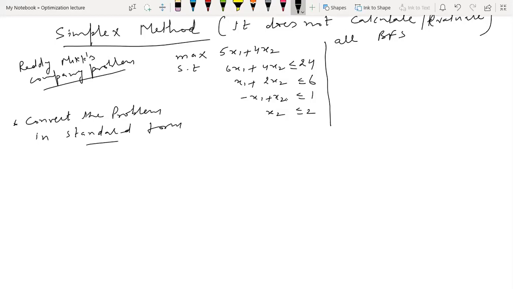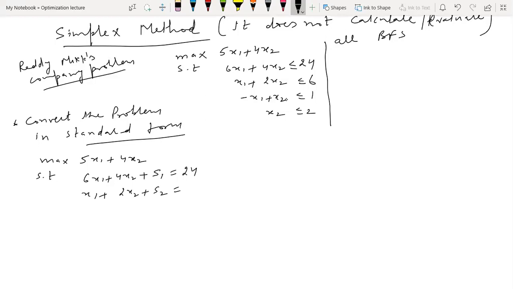Okay, so what is my standard form? You write it down like this: maximize 5x1 plus 4x2 subject to the constraints 6x1 plus 4x2 plus one slack variable s1, so that will make it an equality constraint, and then x1 plus 2x2 plus another variable, again an equality constraint. x1 plus x2, again I am adding one more variable, plus s3 equal to 1, and then x2 plus s4 equal to 2.